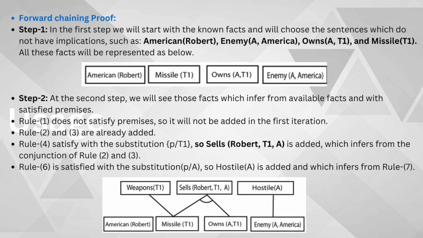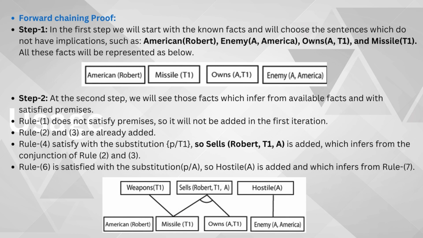Coming to step number 2, inferring new facts. Now that we have our initial facts, which we represented in step number 1, we move on to the next step where we apply logical rules to infer new facts based on the information we have. Rule number 1 states that if an American sells a weapon to a hostile nation, they are considered criminal.